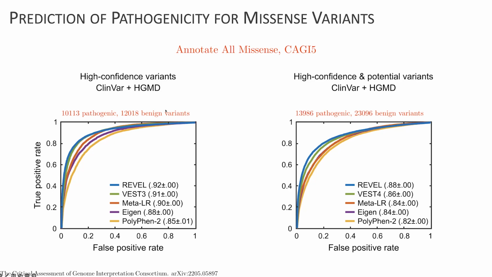Because the clinicians would be interested in low levels of false positive rate and as high as possible levels of true positive rate. And therefore, this part in the left-hand part of the ROC curve space would be really of importance to them.